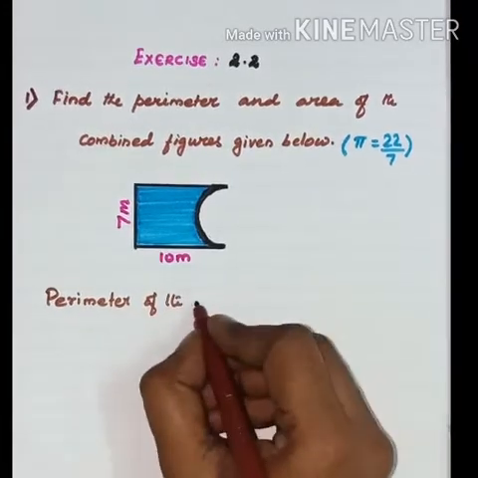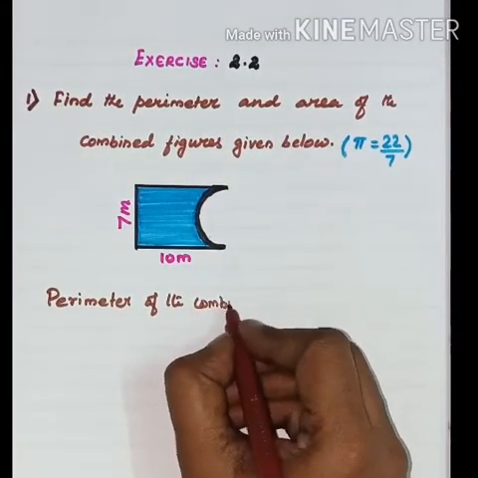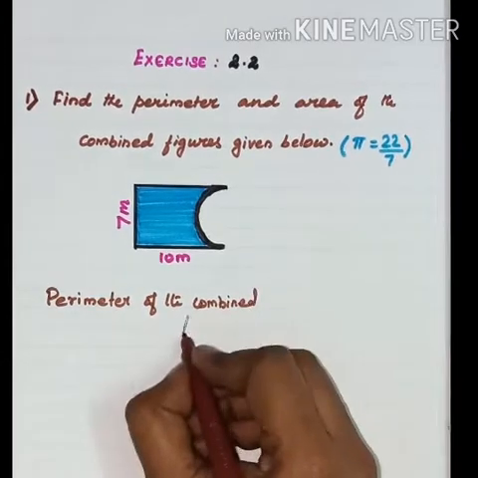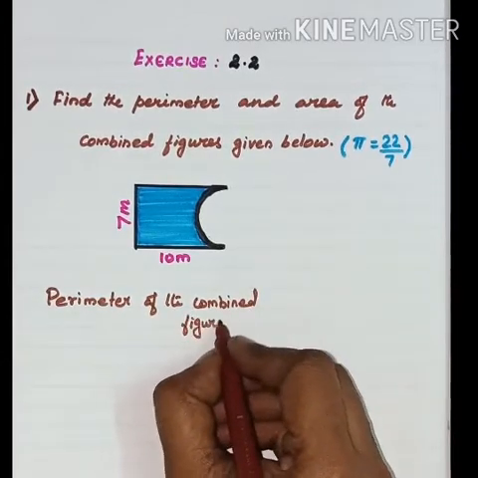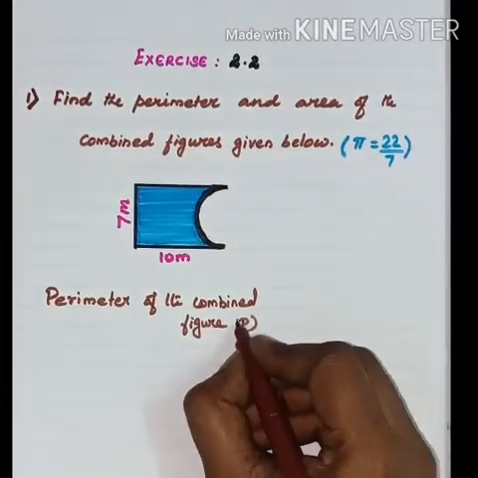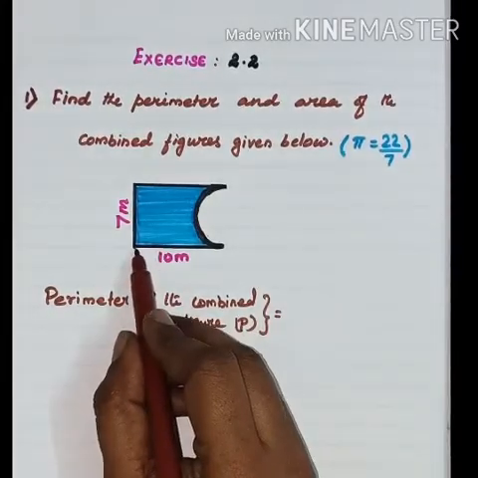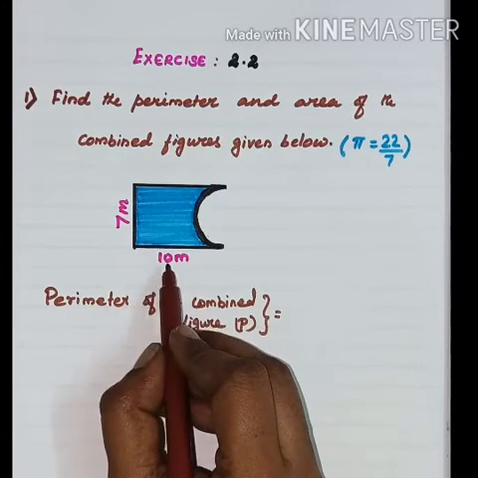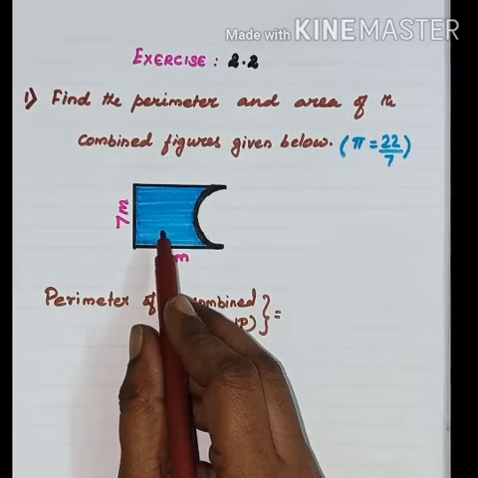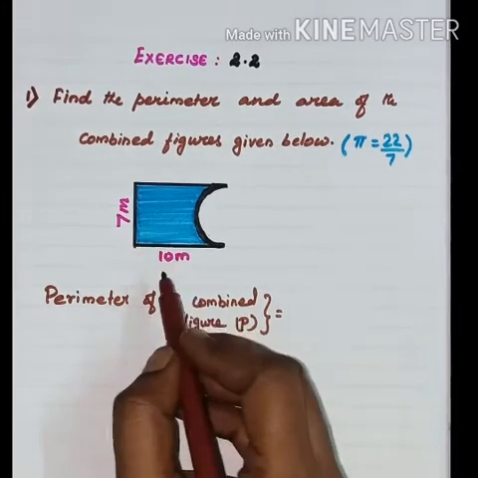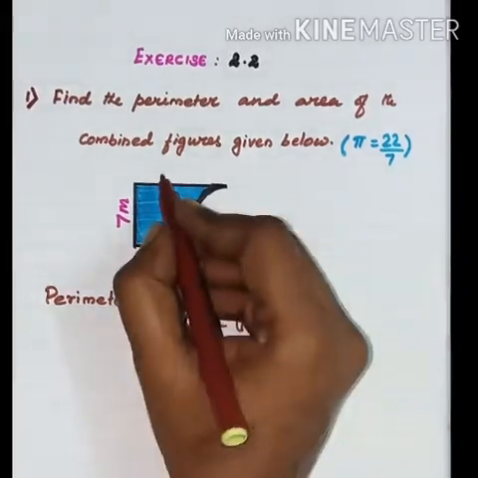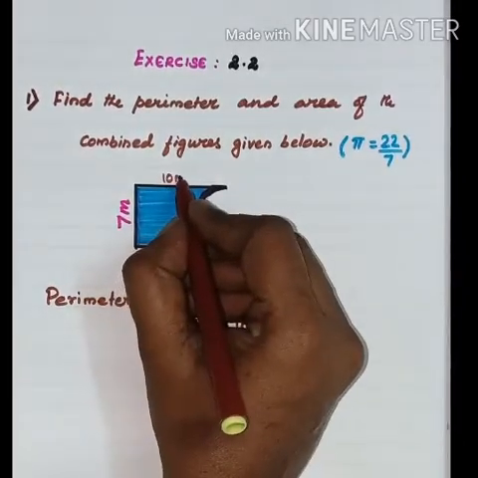Perimeter of the combined figure. P is equal to. See, we know that opposite sides are equal for rectangle. So here 10 meter means this side also 10 meter.